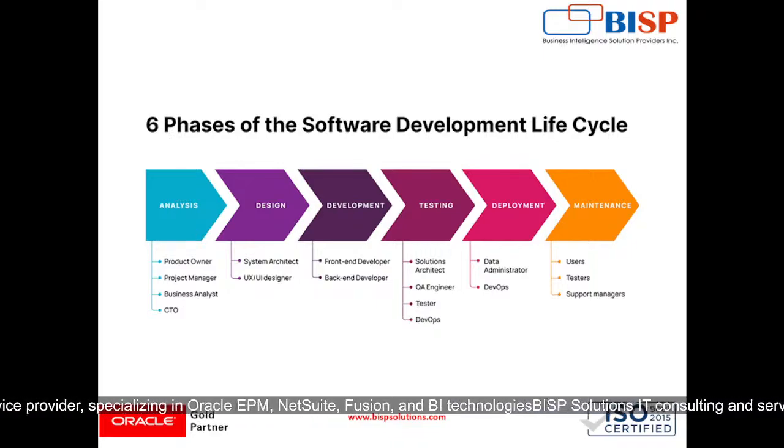Then comes our analysis. So what will we be analyzing? We will be analyzing requirements. So what is the objective of requirement analysis? The objective is we will be gathering detailed requirements for NetSuite implementation, configuration or customization.